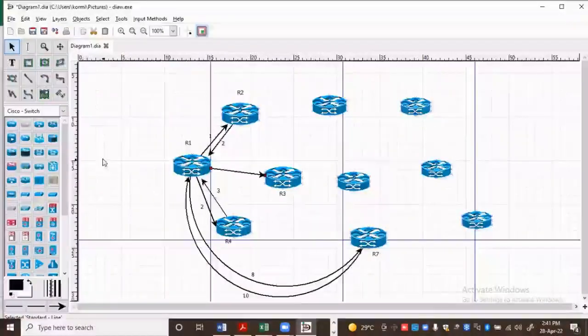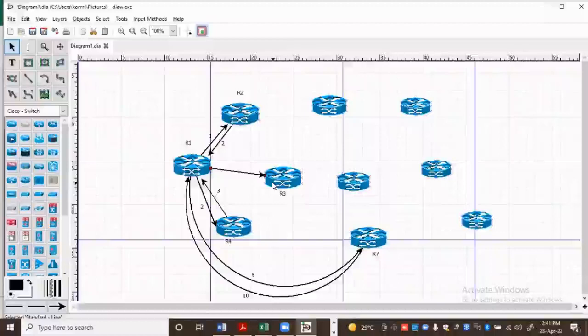And then once you're done, you export them as images and put them in your Word document for your report. Like I said earlier, there are a whole bunch of applications like this. I'm just using this one because it's free. You don't have to pay a dime for it. It's called Diagram, by a German company.